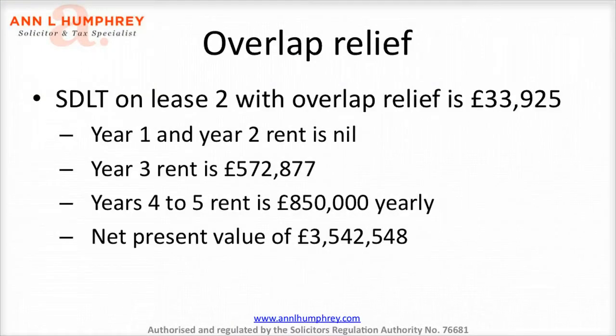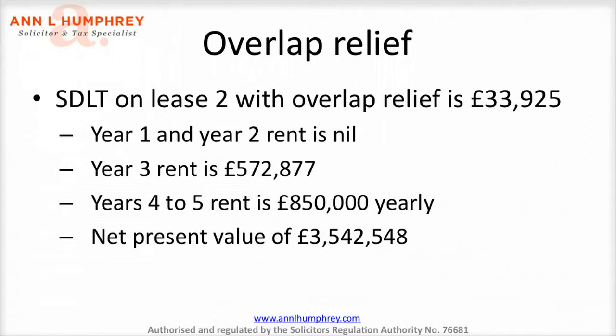The stamp duty land tax on Lease 2 giving overlap relief is £33,925. This has been calculated on the basis that rent for year 1 and 2 is 0 and the year 3 taxable rent is £572,877, as already explained. Years 4 to 5 is £850,000 yearly.